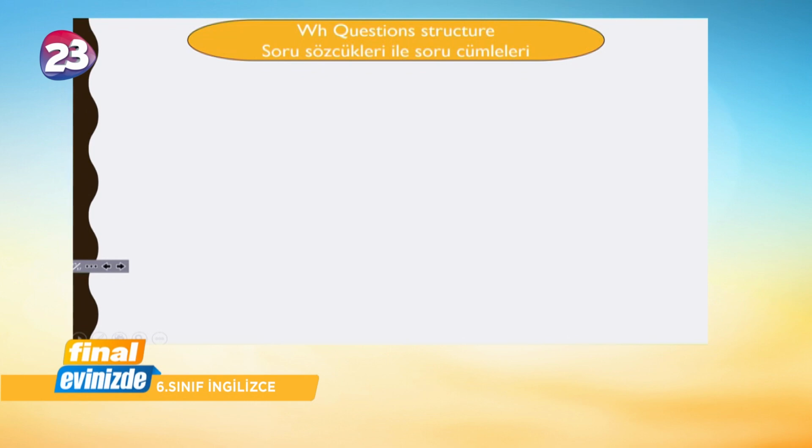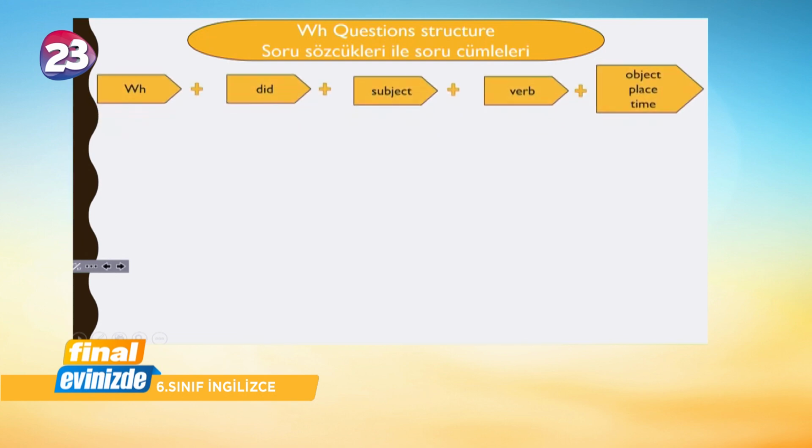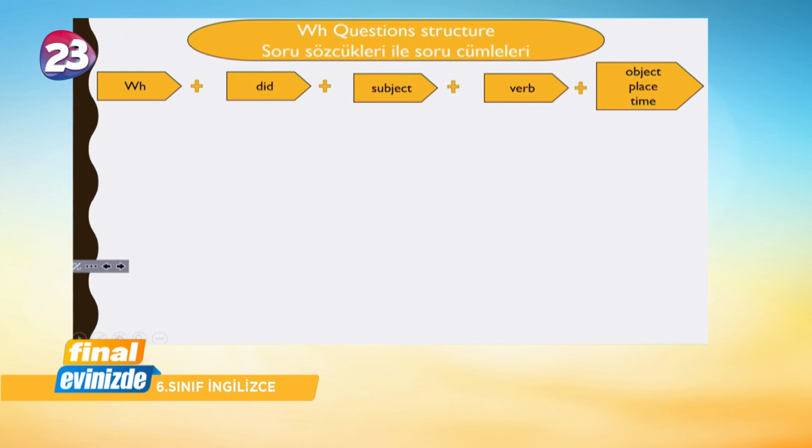Now, double H question structure, we are going to learn this. Okay, first we are going to add double H questions. Where, when, how much, it's up to you, the usage. Then we are going to use did, helping word, verb, and we are going to use subject plus verb and rest of the sentence.